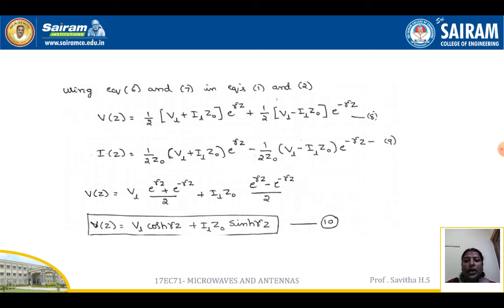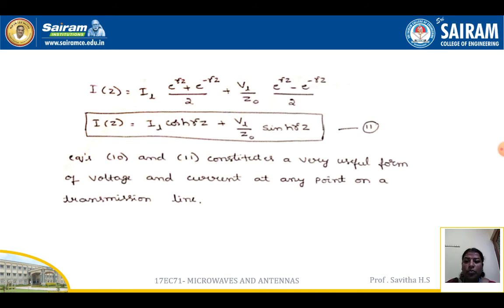As we know, (e^x + e^(-x)) divided by 2 is cosh x. According to that, we write V(z) is equal to VL cosh γz + IL Z0 sinh γz.